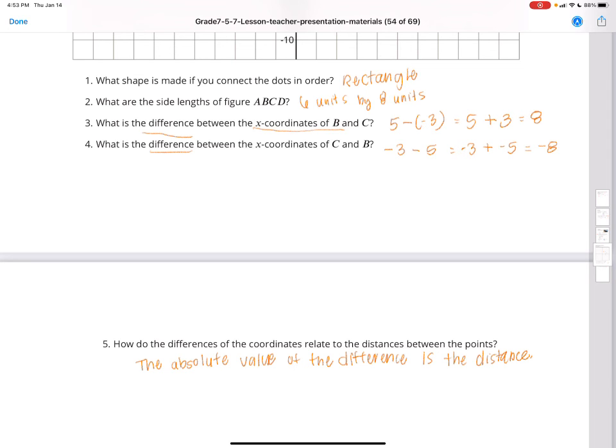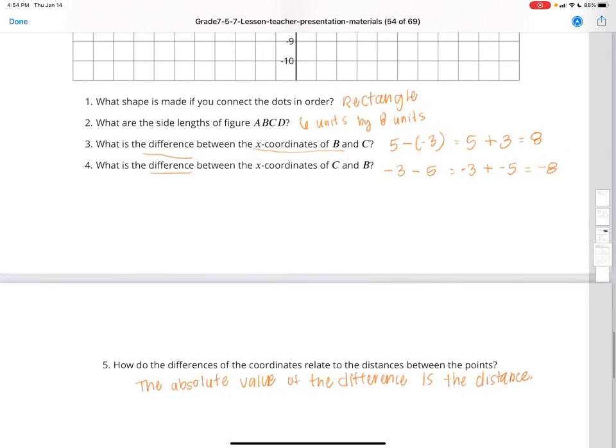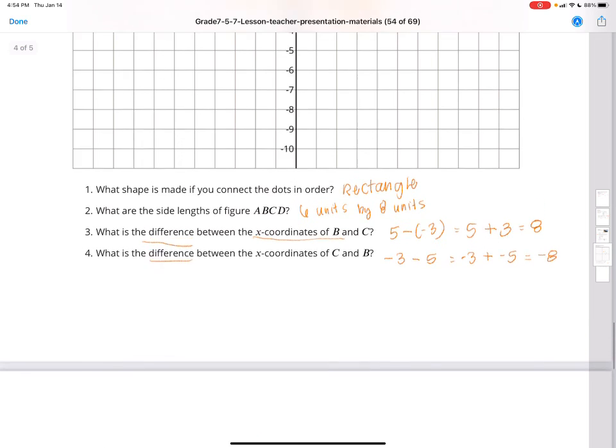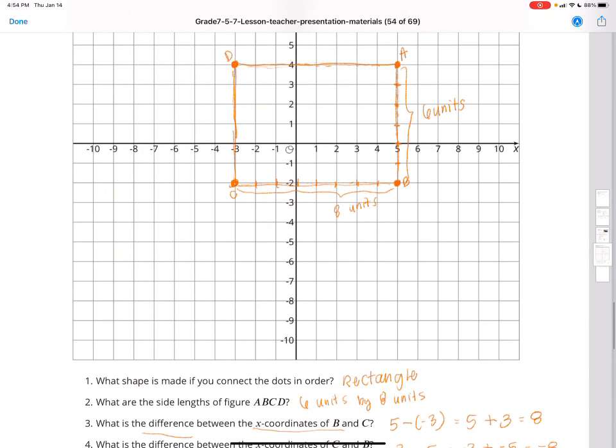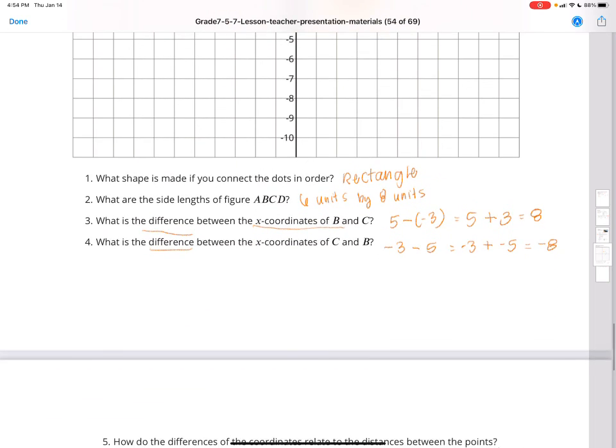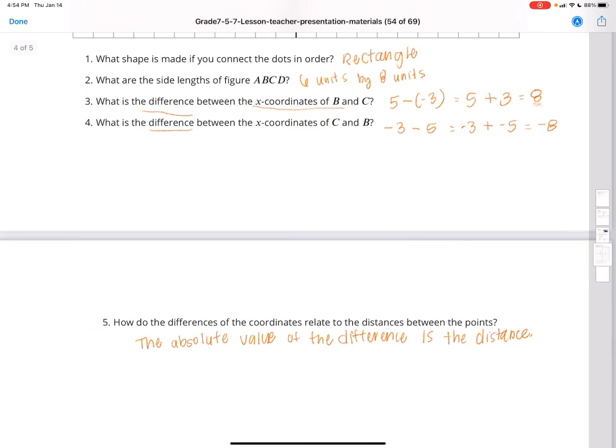Okay? So the absolute value of the difference is the distance, meaning we've discovered that the points were 8 units apart. When we did our subtraction, the absolute value of positive 8 and negative 8 is 8, and that's the distance between each other.